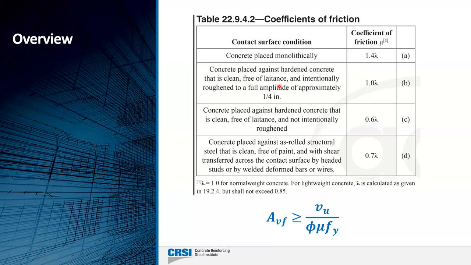When concrete is placed against hardened concrete that's clean and roughened to a full amplitude of 1/4 of an inch, you could take it as 1. This is generally when you have a cold joint. Another cold joint where it's not intentionally roughened, it's 0.6 times lambda. So this is the table from ACI 318 where you can find that coefficient of friction.